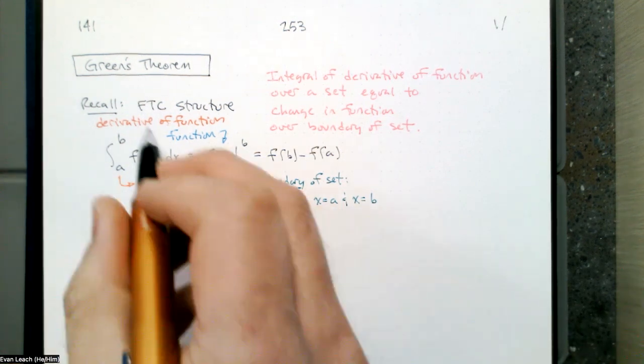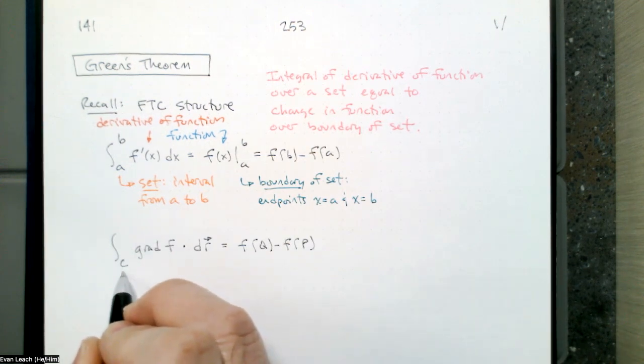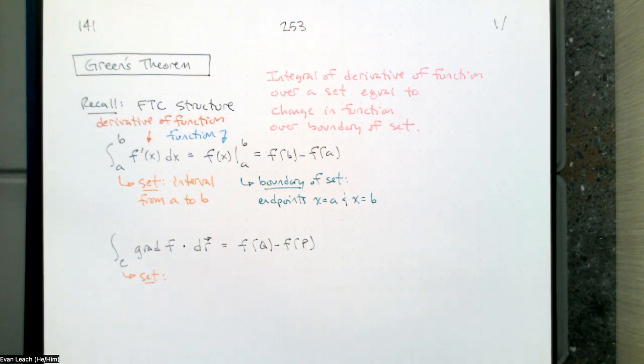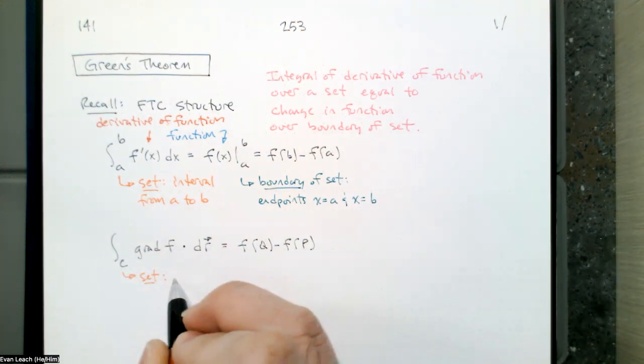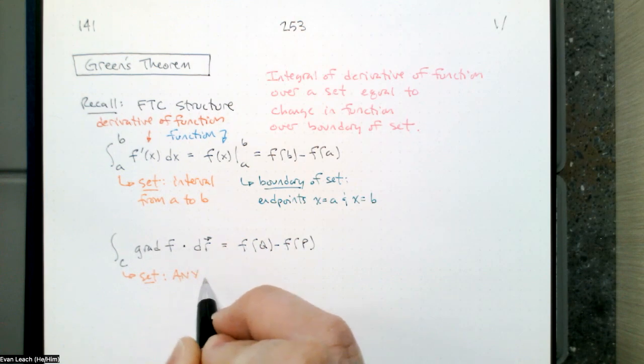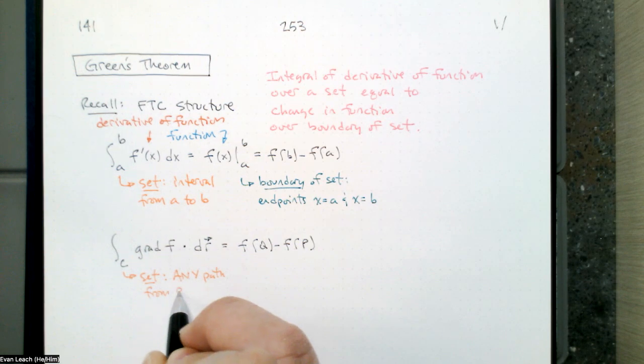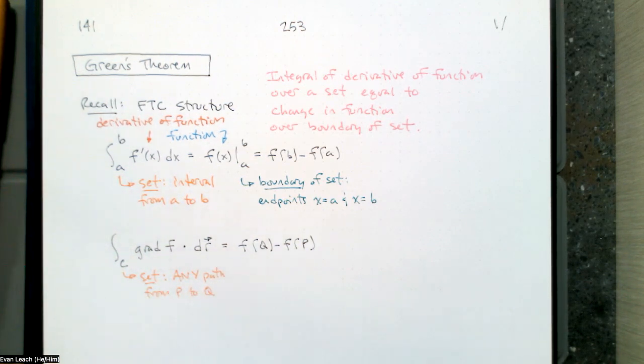In this case, we still have the same four players. Our set is any path from P to Q. It can be any path from P to Q because we found gradient fields are conservative, that is, path independent.